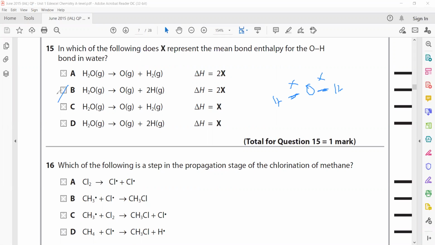So B will be the right answer. It should be a molecule forming atoms in the gaseous state. This one also shows a molecule forming atoms, but it shows X as the total delta H, which means each will be X by 2.